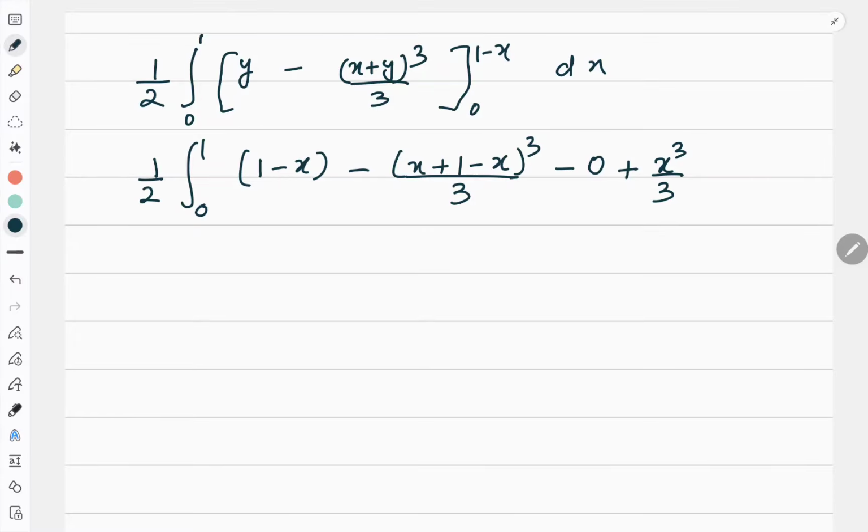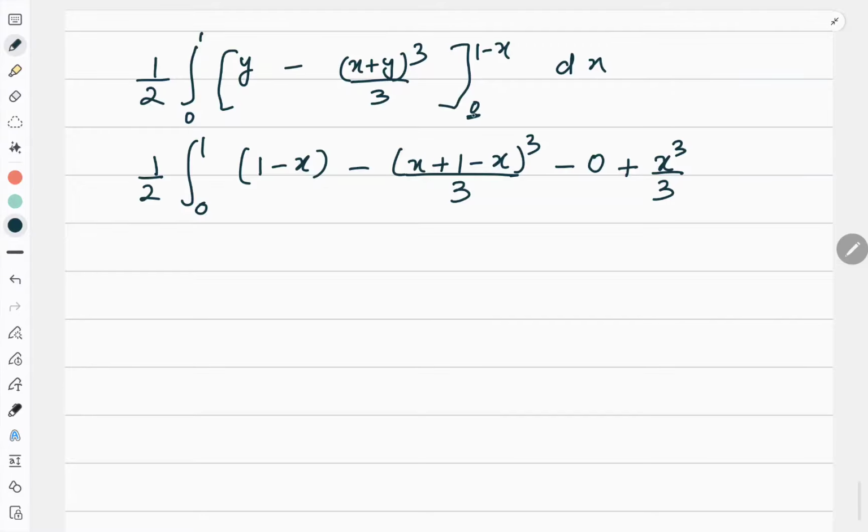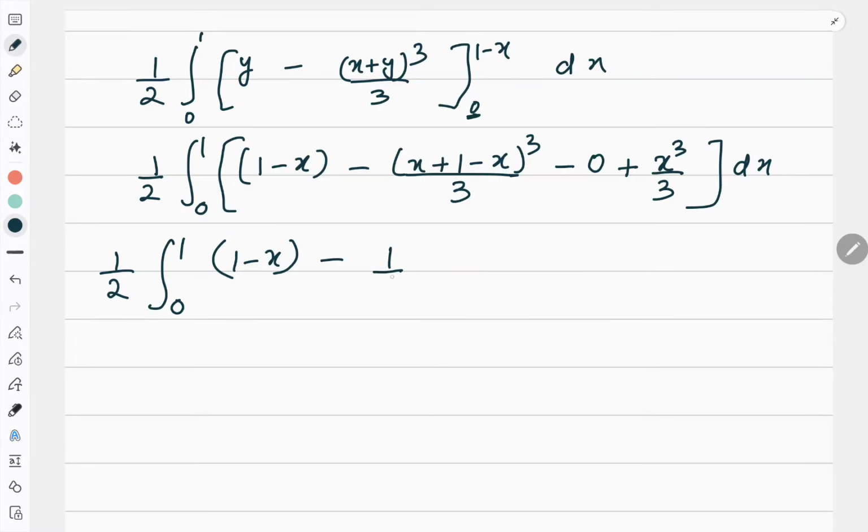This is a very common mistake students make, that they forget to put the 0 limit here. It's not giving 0 completely. It is giving me some value. Right? So this is dx. Now again I will simplify this. 0 to 1, 1 minus x minus 1 by 3.